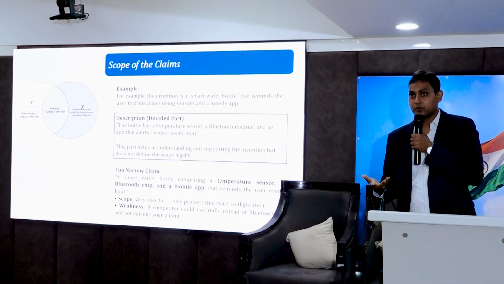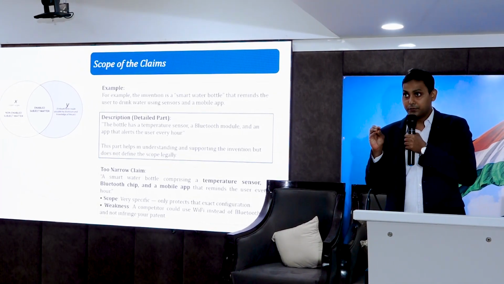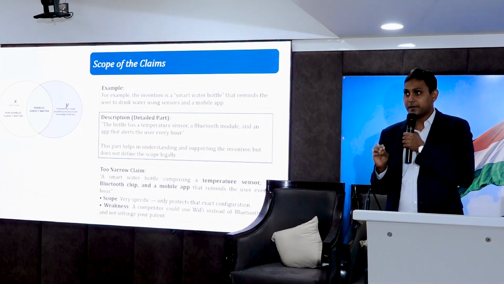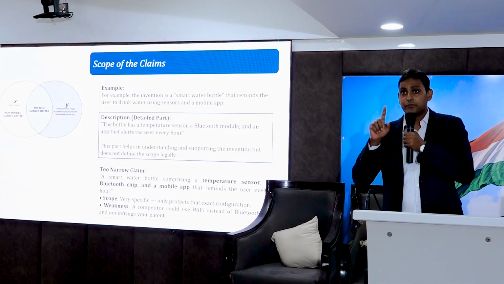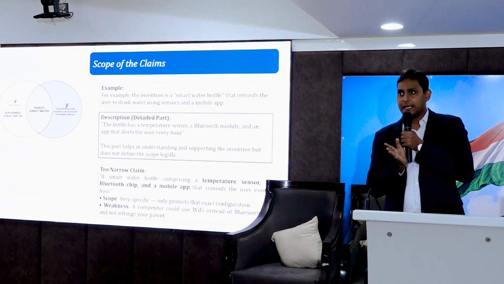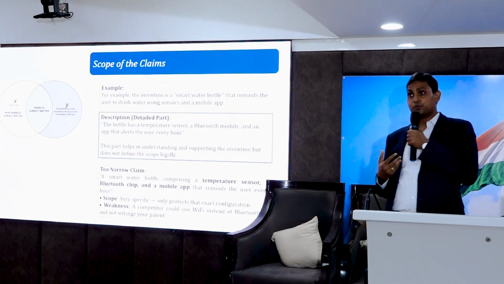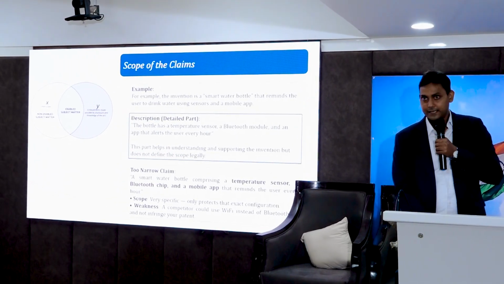So you do not have that protection to send a legal notice to that person. If you draft this type of claim, it is too narrow. That means the fence you are giving is very narrow, so anyone can bypass it. That's why we have to choose the words very intelligently.